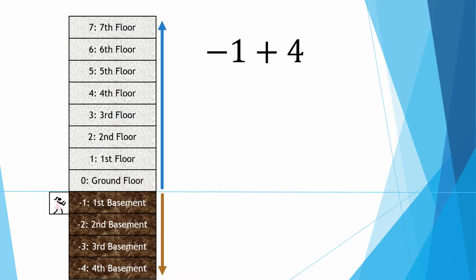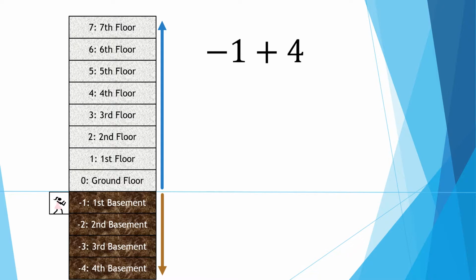So now this time we are starting off at the negative 1 floor. We're already starting off in the basement, and this kind of makes sense because if you go and park the car in the building, you're going to have to park in the basement, so you're starting down below. And we want to go up 4 floors. If we go up 1 floor, where would we be?